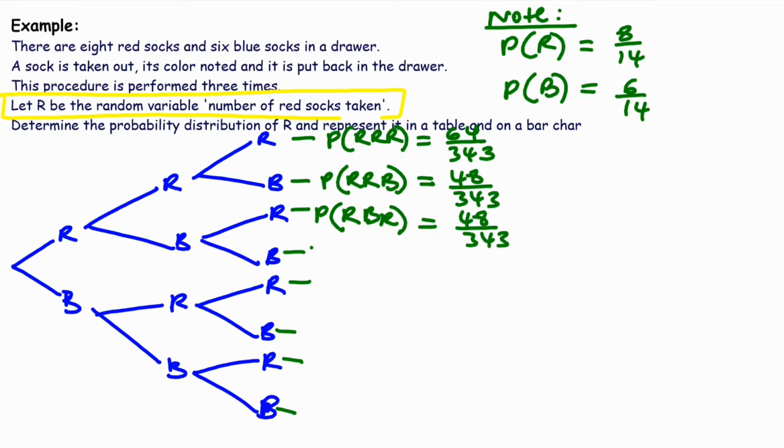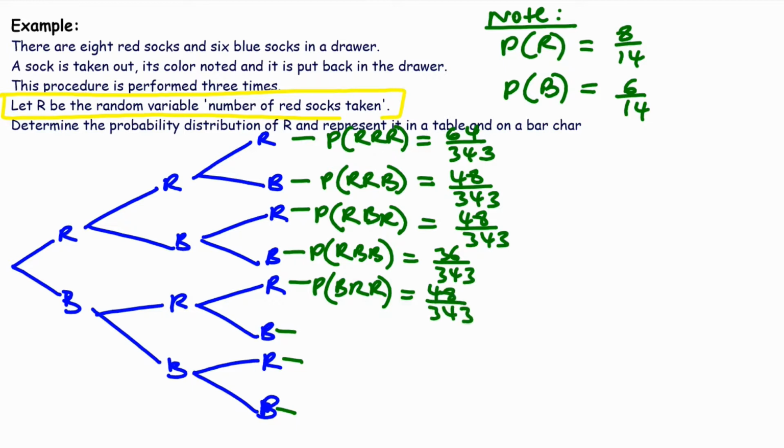Then here we have red, blue, blue, which is 36 over 343. You have the probability of blue, red, red, and that will be 48 over 343.